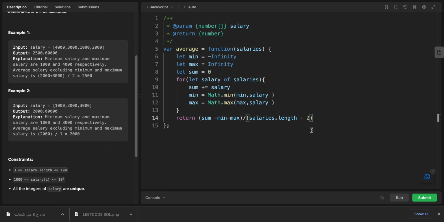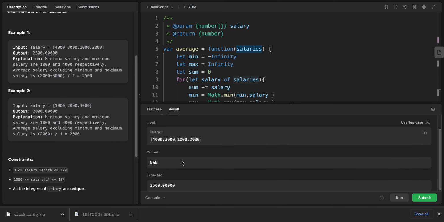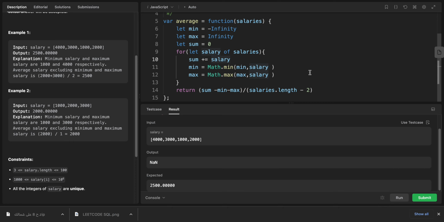Why? Sum minus min minus max divided by salaries dot length minus 2. What is the problem? Why is it NaN? Did I do something wrong here?